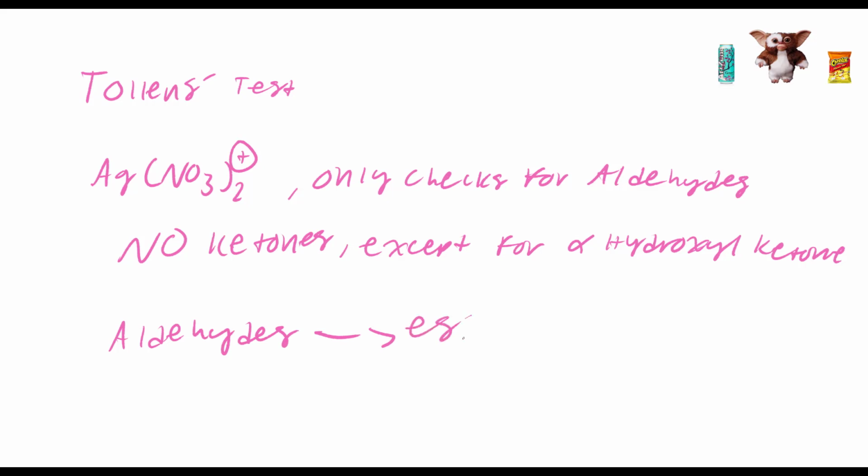And the indicator that this completed successfully and that there were aldehydes in the solution is that if you look at your test tube and you see your reflection on like a little mirror, on the side of the test tube walls, it's like silver lining, then you know that there were aldehydes present. That's what it's called, a Tollens test, aka a mirror test, because the walls of the test tube are going to be reflective, almost like a mirror, from the pure silver that has condensed because of the presence of aldehydes.